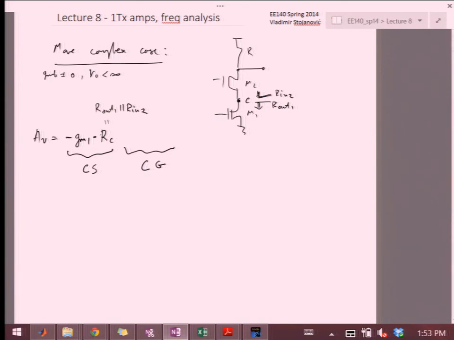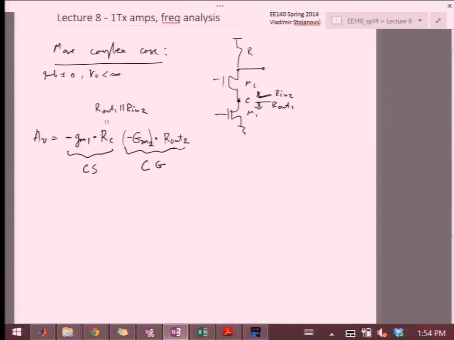And there I have its own transconductance times R out. So I'll write it like times R out 2.